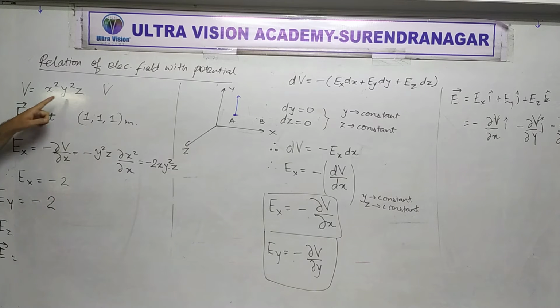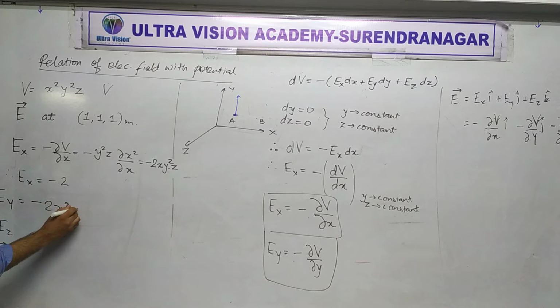Yes. Because it's also y squared. Others are constant, and then you do y squared differentiation will be 2y. So basically, first of all, you get minus 2x squared y z. Right? Everyone get that? Yes. Now put 1 1 1. So this becomes minus 2. Okay? Yes. Clear?